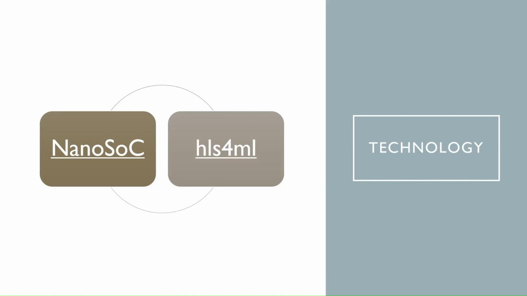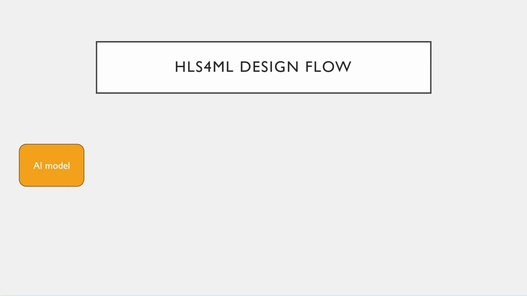The technology we'll be using is the NanoSoC and the HLS4ML. The HLS4ML translates the deep learning model from the Python environment into hardware models. Here's the HLS4ML design flow. We choose an AI model. We then use HLS4ML to generate a quantized model.